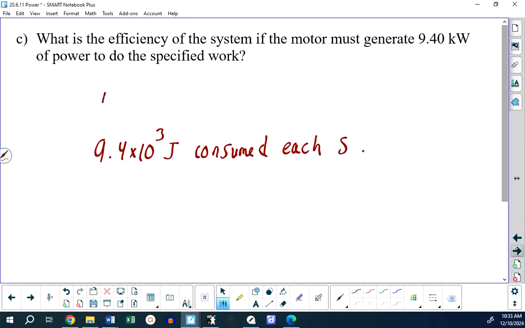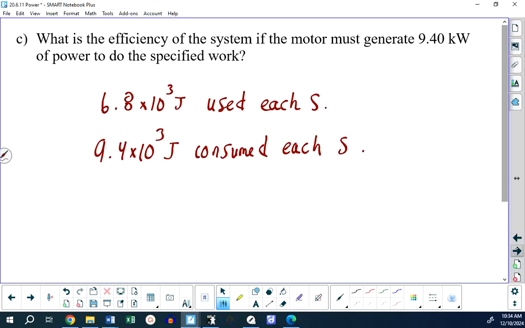But 6.8 times 10 to the 3 joules are used each second. Now, energy is conserved, so 9.4 times 10 to the 3 joules is coming out of the system each second. It's just that when we talk about what we're using it for, we're using it to lift the shingles.